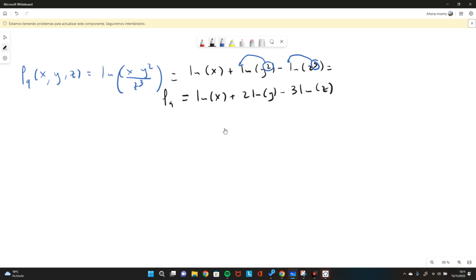And so actually the gradient and also the Hessian matrix end up being pretty straightforward. Okay, let's see. Doing it like this, with respect to x, 1 divided by x, 2 divided by y, and minus 3 divided by z. That is all. That is my gradient.